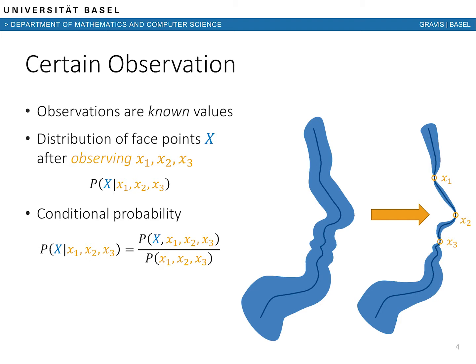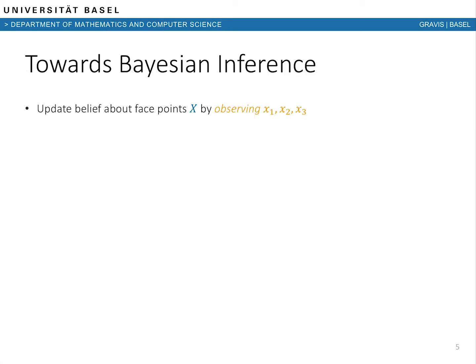Now, in order to make it more general and widely applicable, we reformulate this a little bit. In a step towards Bayesian inference, we would update the belief about face points, the blue capital X, by observing these orange points. So we would turn our prior belief of face points into a posterior belief of face points.